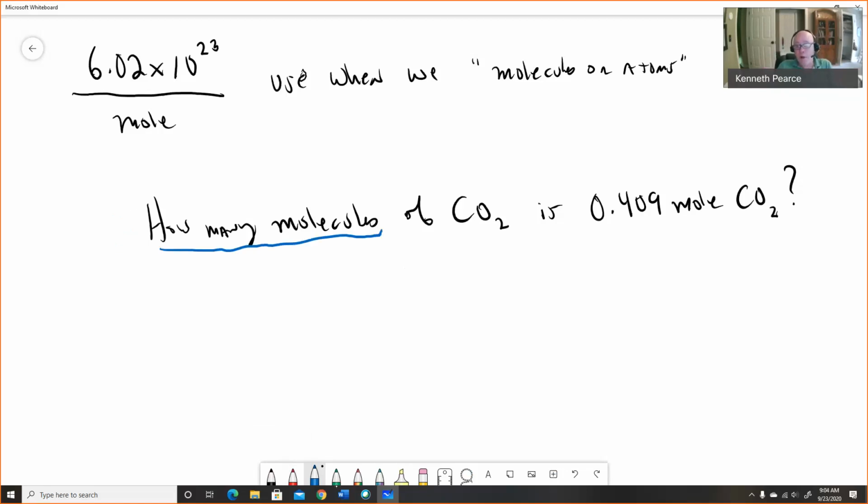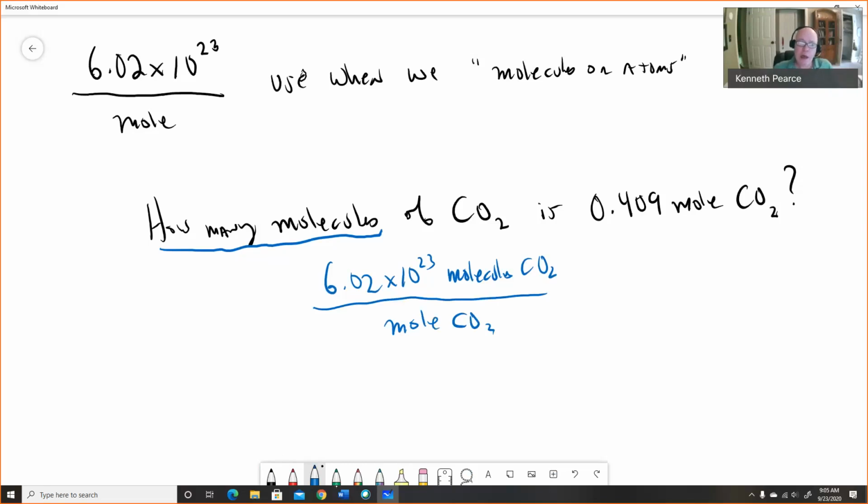When we say how many molecules, I know I'm going to need 6.02 times 10 to the 23rd molecules CO2 for every mole CO2. And notice how I added on the CO2. I didn't just say 6.02 times 10 to the 23rd, and I didn't just say 6.02 times 10 to the 23rd molecules. I went molecule CO2 for every mole CO2.